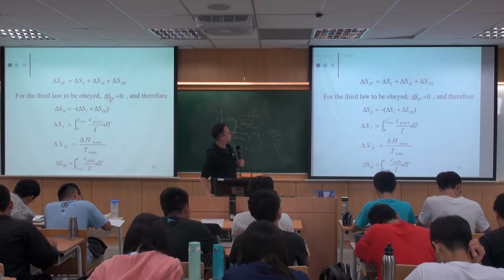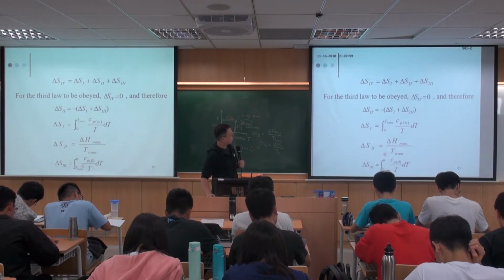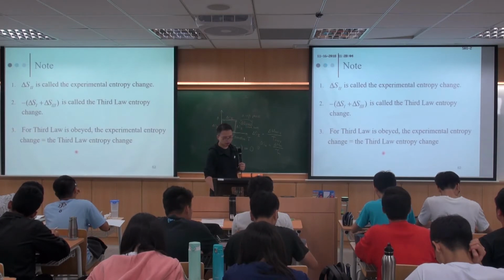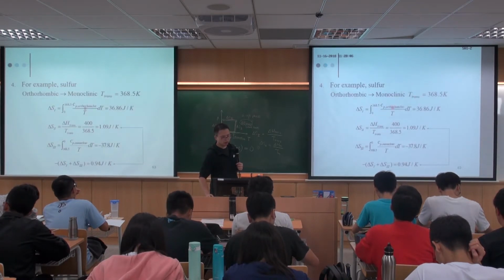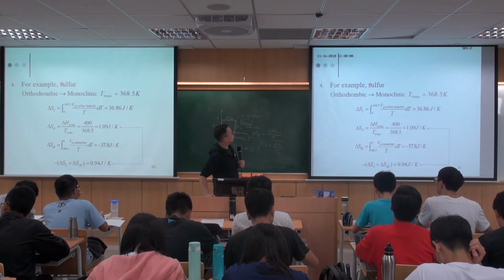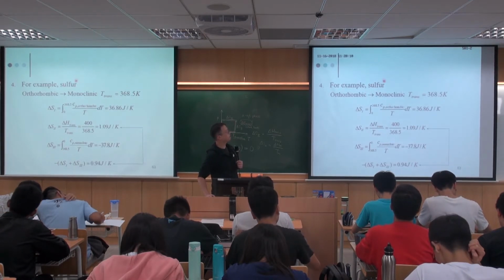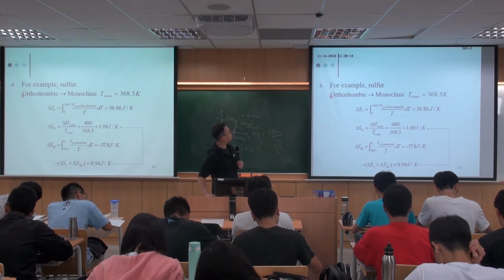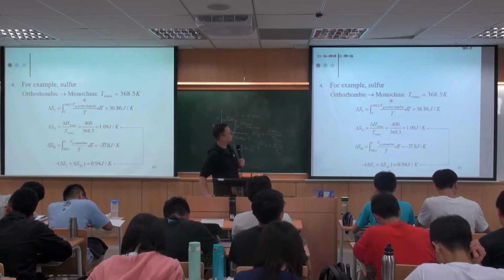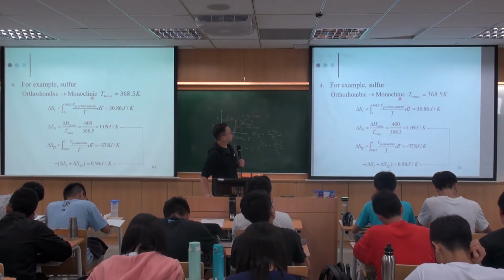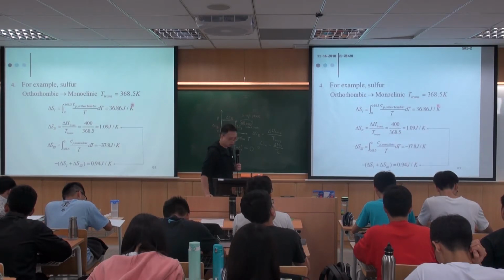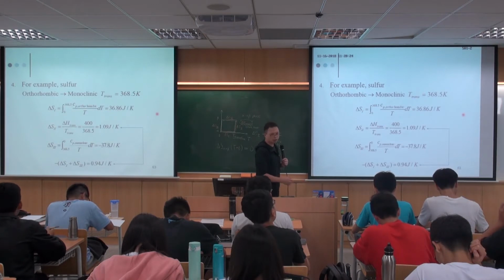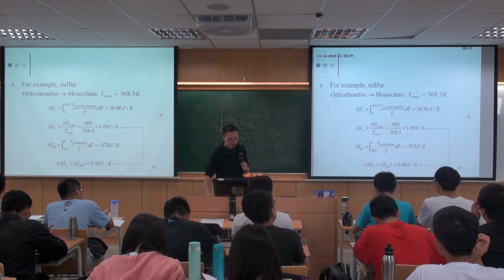And if we calculate that, this is the formula for calculation. We don't have to go through that. So these are the numbers that we will put in, for instance, sulfur. Okay? And there's an orthorhombic to monoclinic transformation, and that will take place at 370 Kelvin, or 368.5 Kelvin.